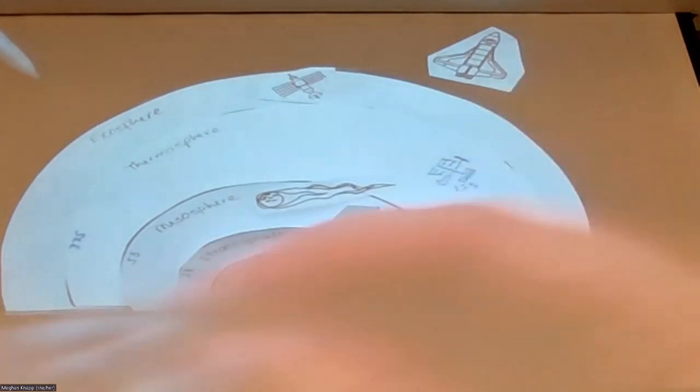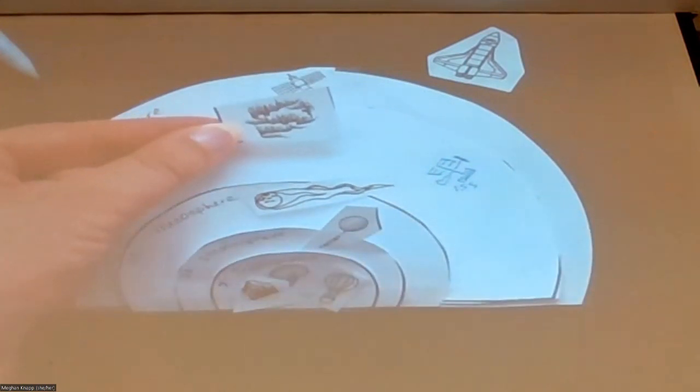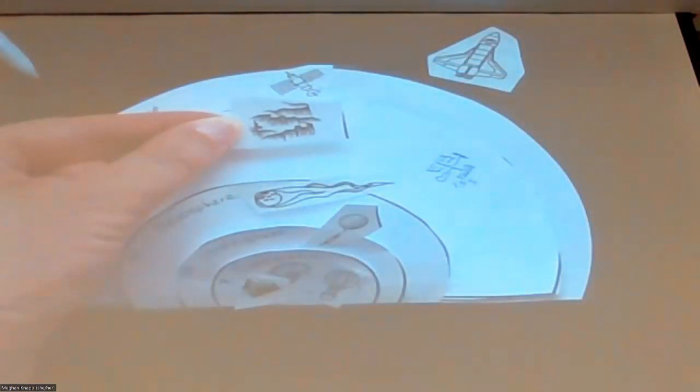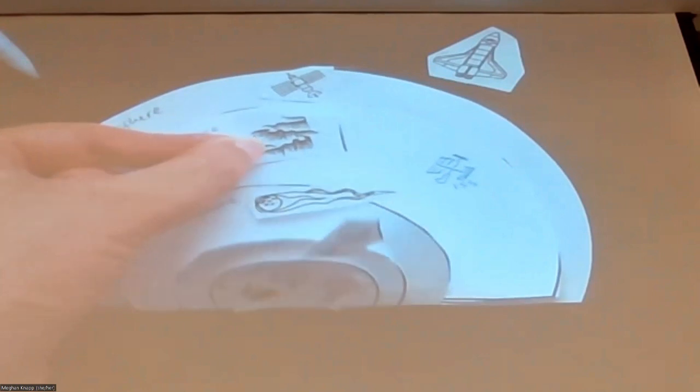All right, and then this guy is supposed to be our aurora, I think I have it upside down. It goes like this. The northern lights or the southern lights. So you might have heard it called the aurora borealis. We said that was going to be in the thermosphere.